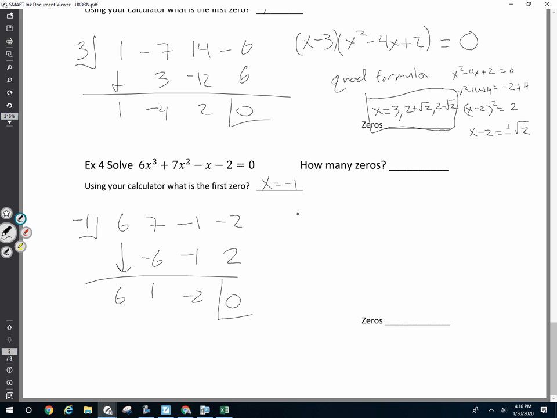So this is going to be x plus 1 times 6x squared plus x minus 2. To solve this, I'd try to factor two numbers that multiply to get -12 and add to get 1, +4 and -3. I can factor this.